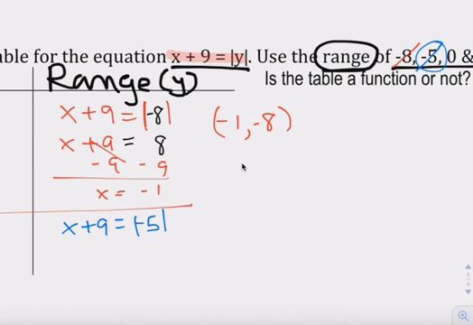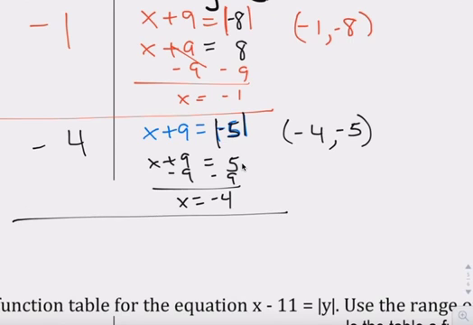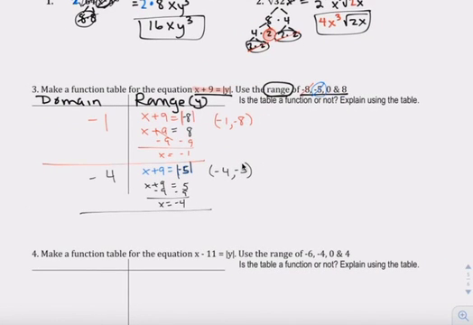Absolute value of -5 is 5, equals x plus 9. Minus 9 minus 9. x is equal to -4. Okay? -4, -5.